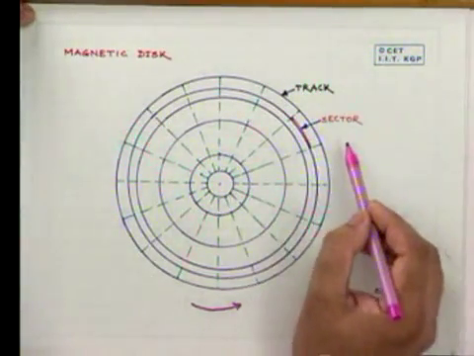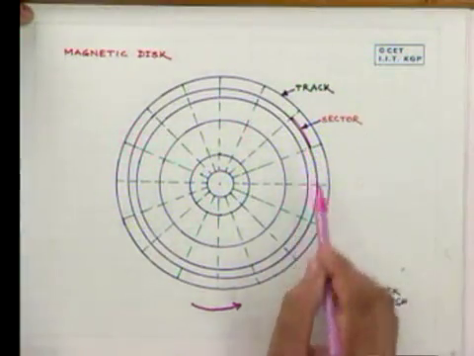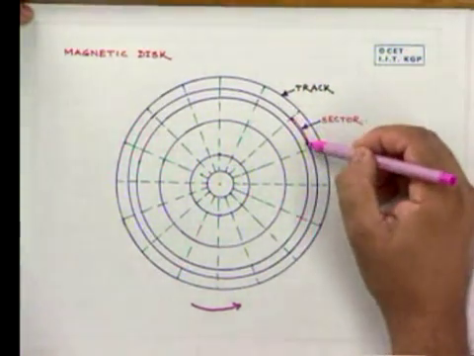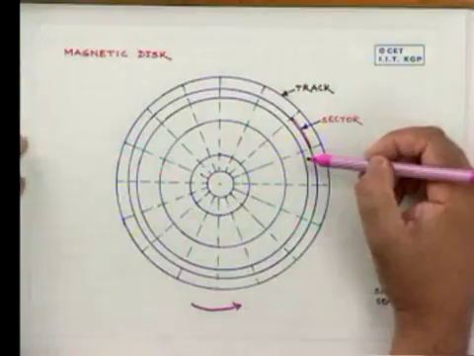This means the minimal accessible unit in the case of a disk is a sector. Even if you need only a few bytes, the entire sector has to be read out, or if you have to write a few bytes, the entire sector has to be written.